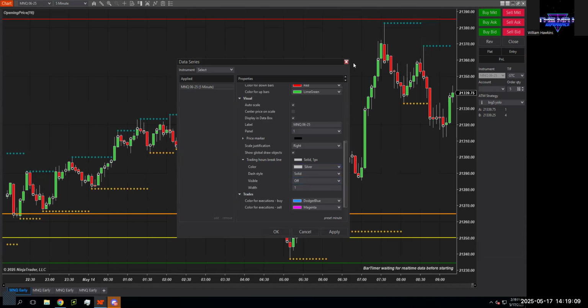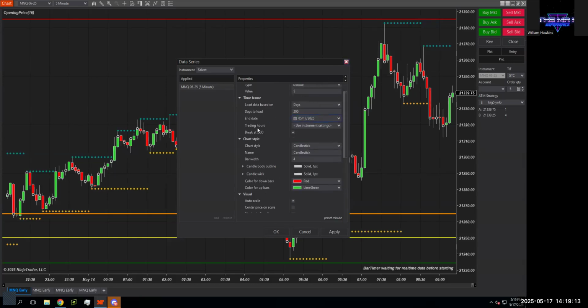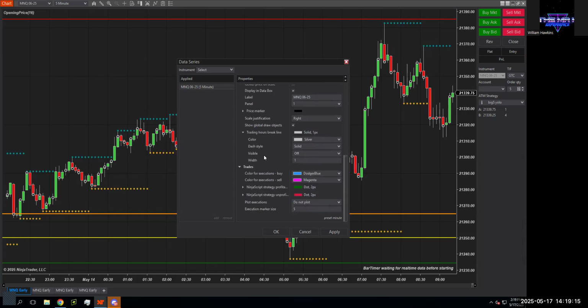Scroll almost all the way to the bottom, and it'll say trading hour break line. Yeah, you can put that break line there.